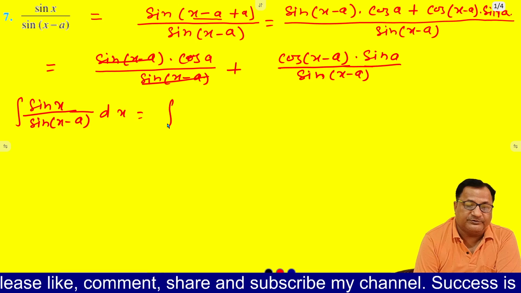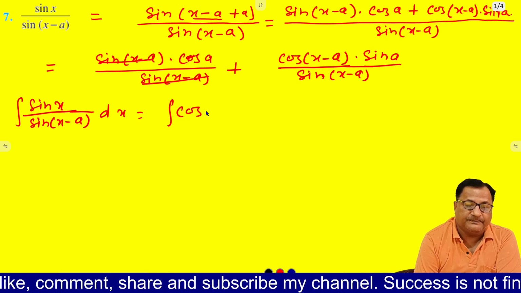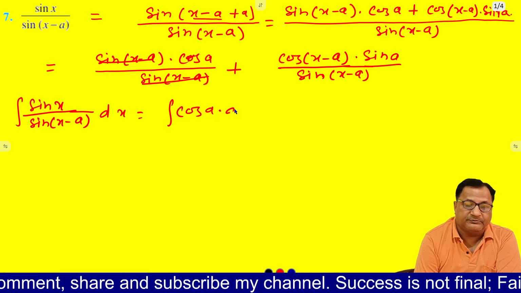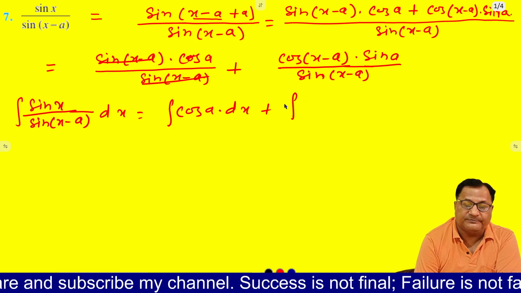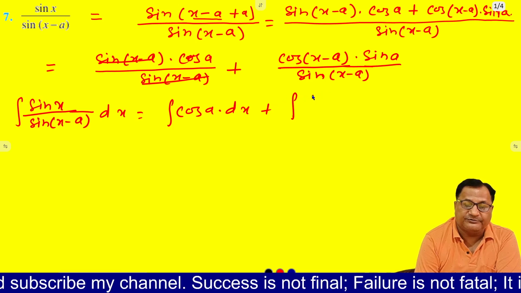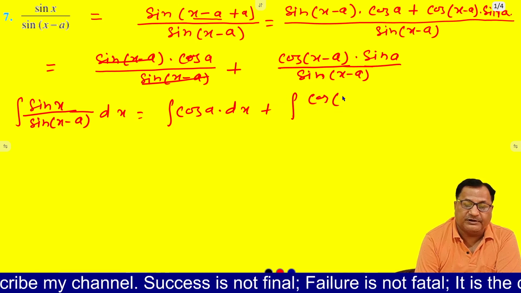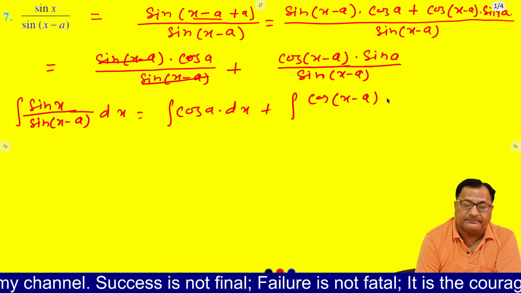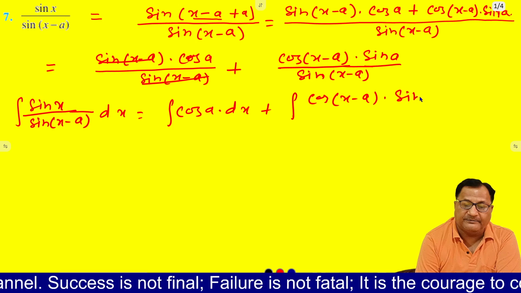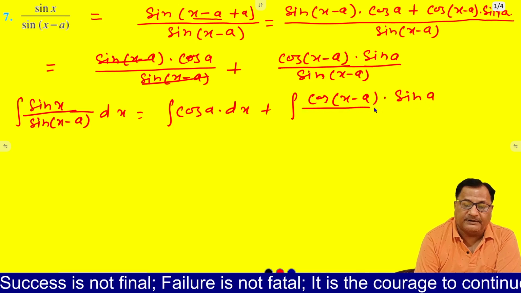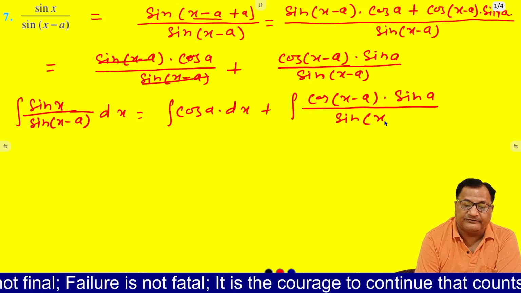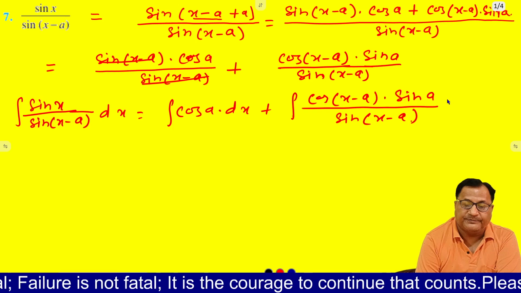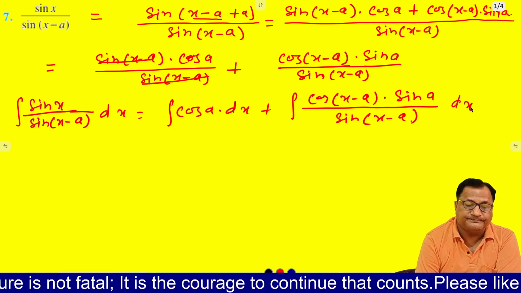So integration of this will be cos a into dx, plus integration of this, cos (x minus a) into sine a divided by sine (x minus a) dx.